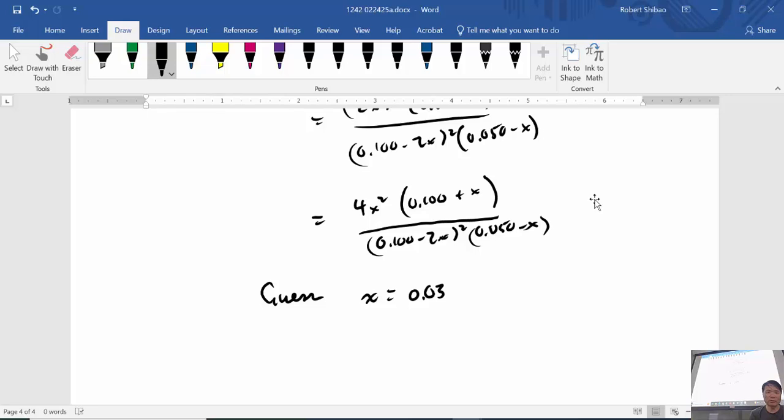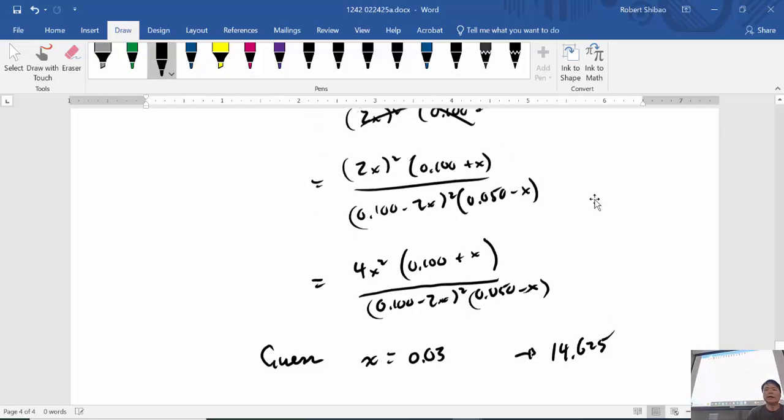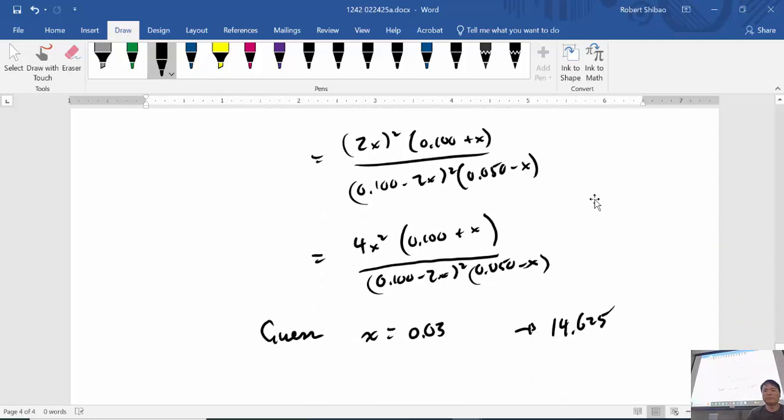So 0.1 minus 0.06 is 0.04 squared. So I'll divide by 0.04 squared, divided by 0.05 minus 0.03, which is just 0.02. And I get 14.625. And what I'm looking for is 1.48, so I'm too big.